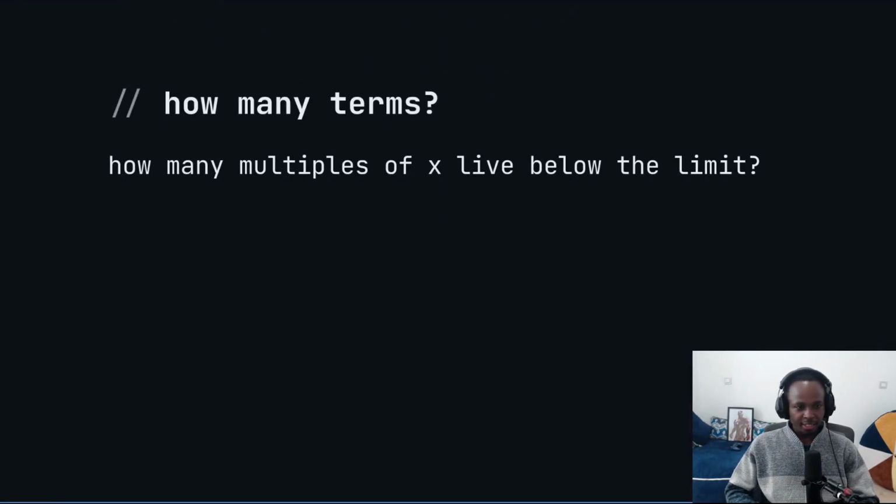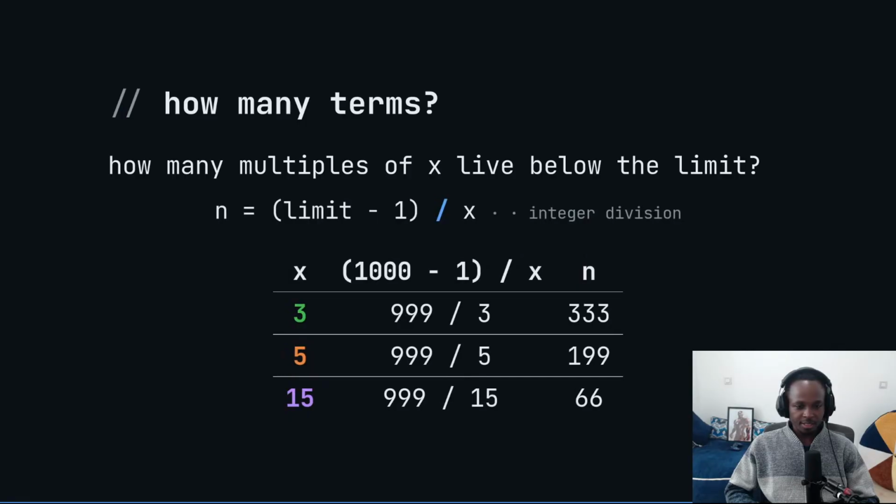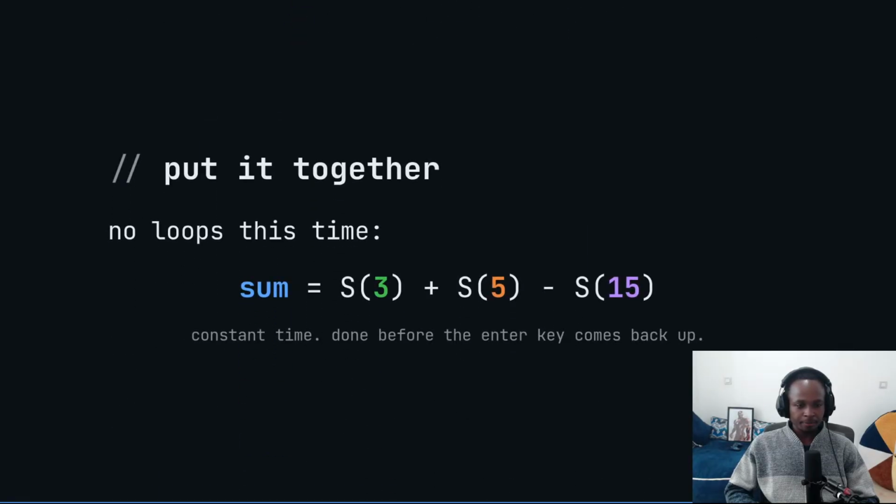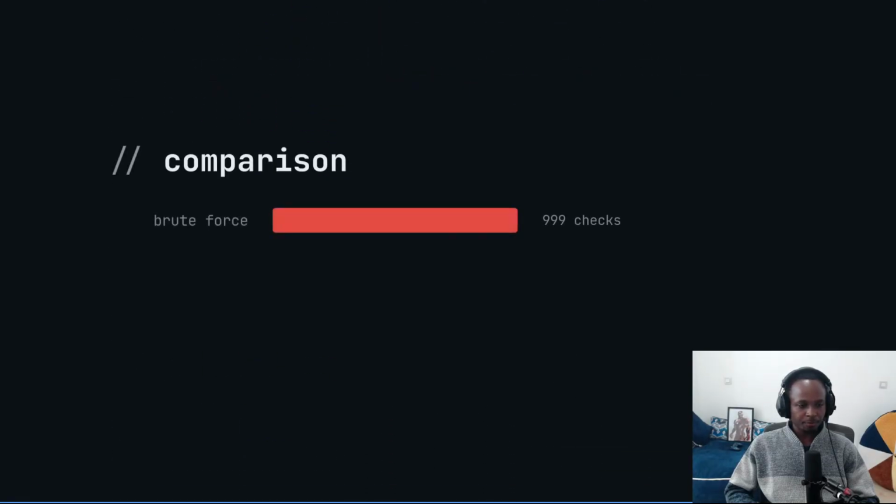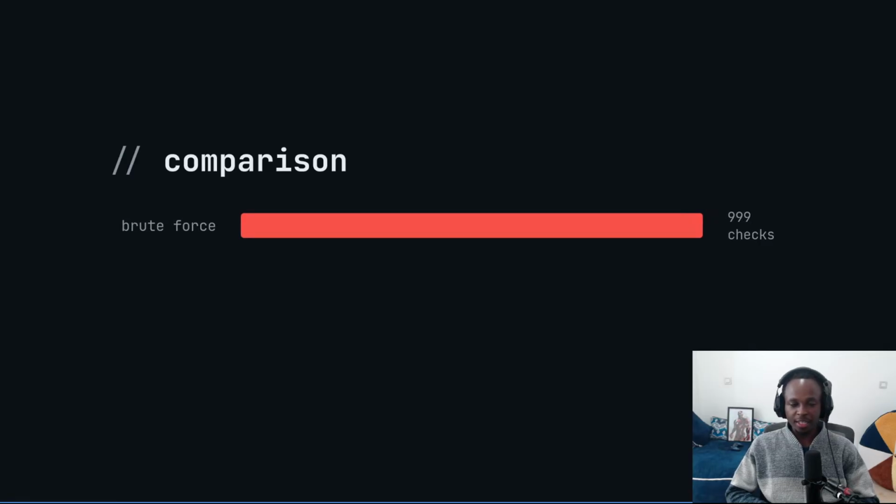And actually, I think I had a comparison here. Let's take a look at the comparison. For the brute force, we are going to do 999 iterations and even more checks, I think. But assuming the maximum number of checks is just the 999.